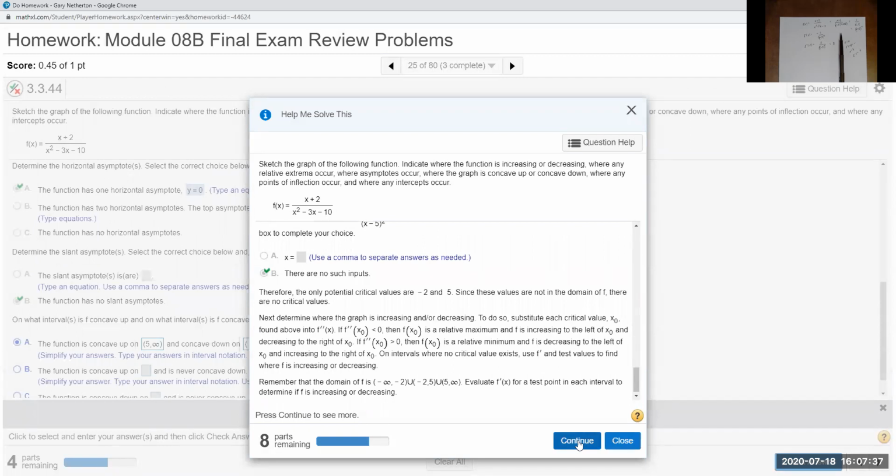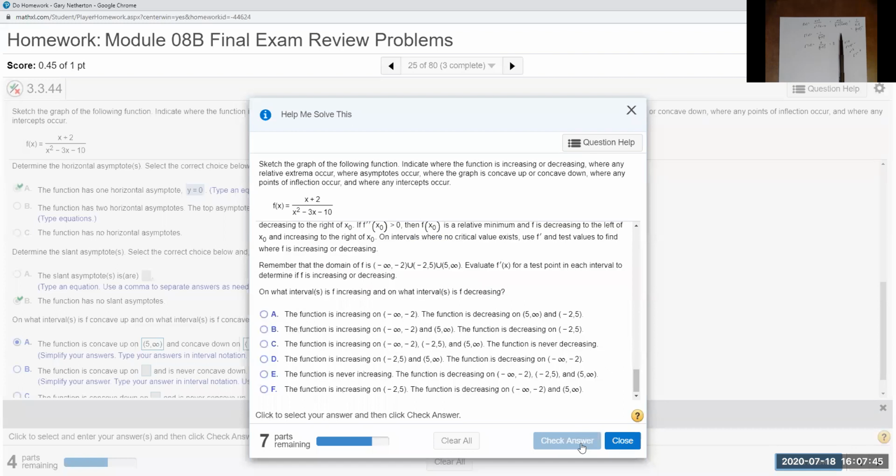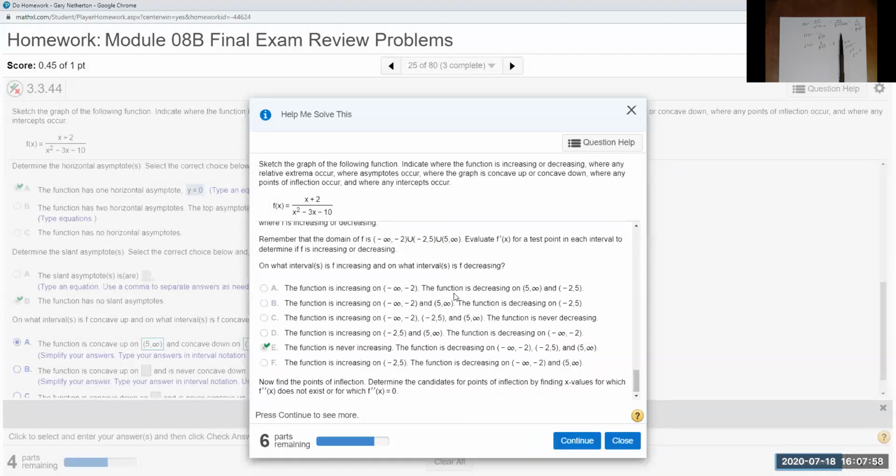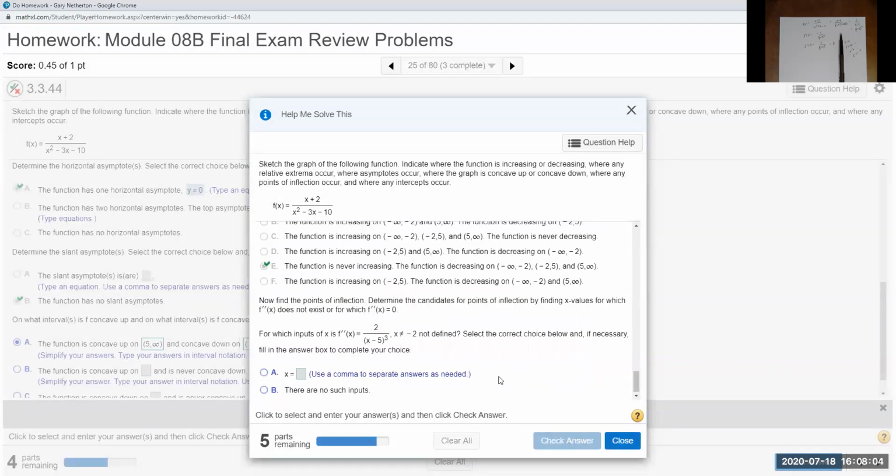So 3 regions of, we said decreasing. It's never going to be 0.